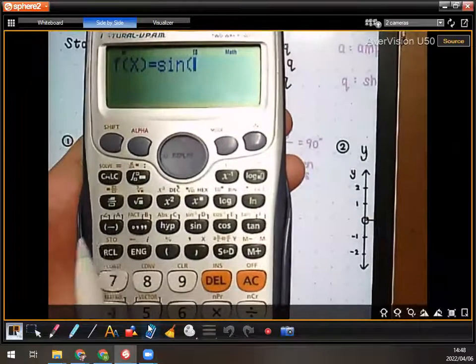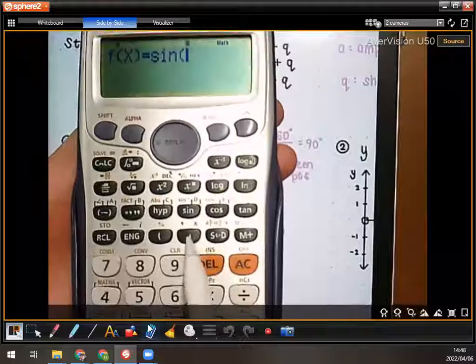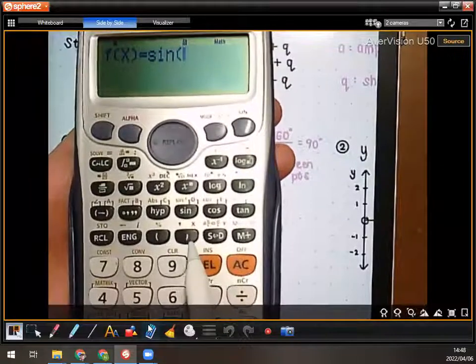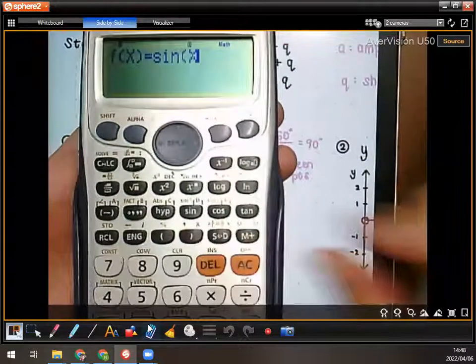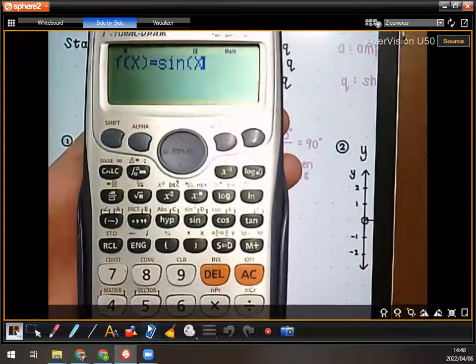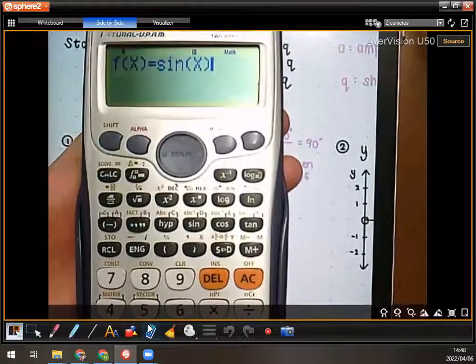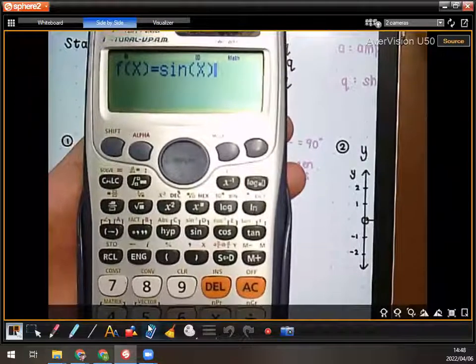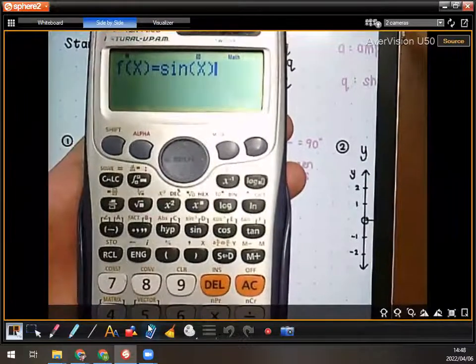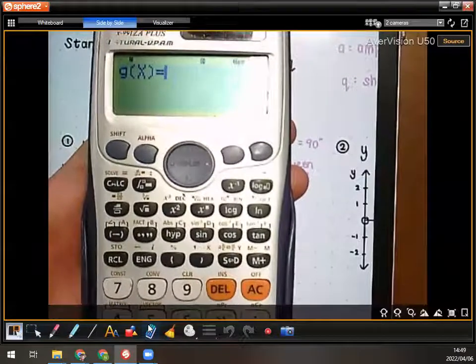Now guys, if you look at this row just above your numbers, you see that there's an x above that bracket, right? You need to press alpha and then that button, and it comes up as x. Close your bracket. Just quickly check that you all can find that x, please. So you're literally typing in the equation. When you're done typing that in, you're going to press equals.